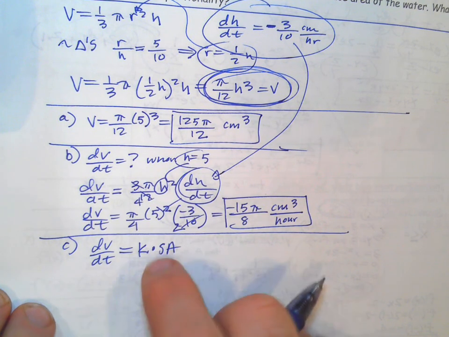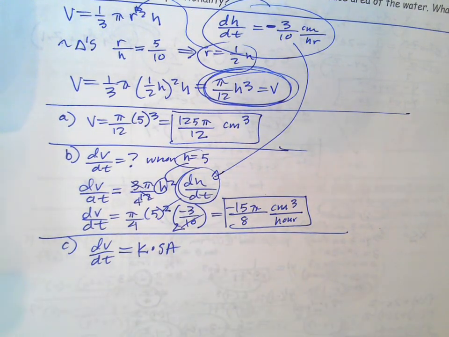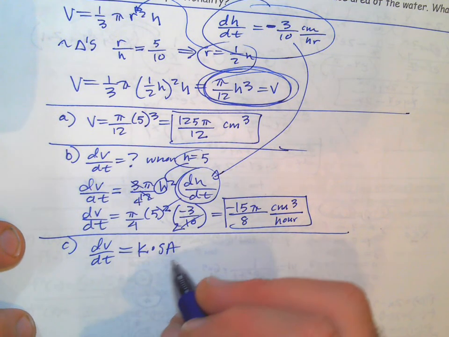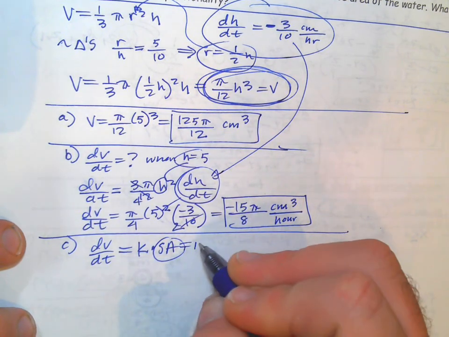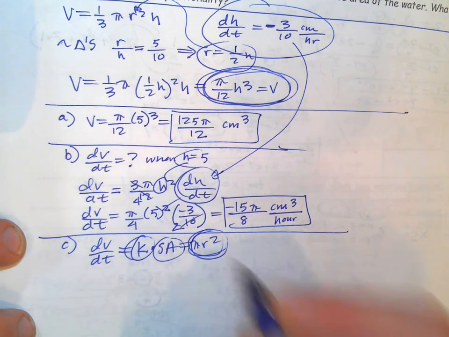So we're trying to show that this is true. Now, when they say surface area, they mean the literal surface area of the water, not the general geometric area around a whole shape, just the top area that's exposed. So surface area would be pi r squared. We probably want to get something where it's a number times pi r squared.